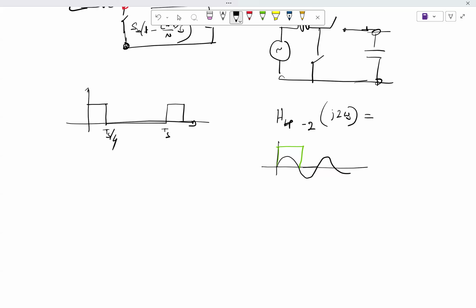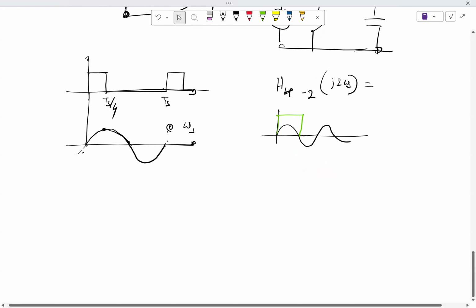I'm assuming N equal to 4. If you have a sinusoid with period Ts, then it goes maximum here, 0 here, then goes something like this. So this is at omega_s.